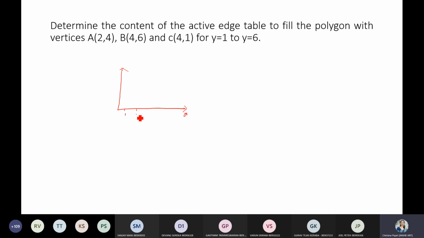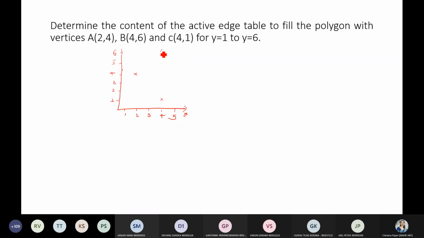So let's say this is 1, 2, 3, 4, and 5, and the y value is 1 to 6: 1, 2, 3, 4, 5, 6. To draw the polygon, A is at 2, 4, and next is 4, 1 and 4, 6.